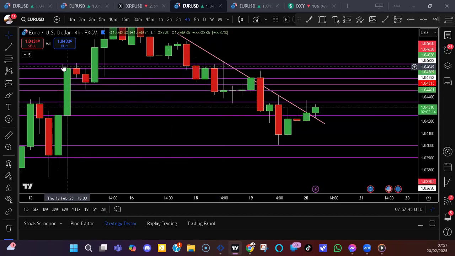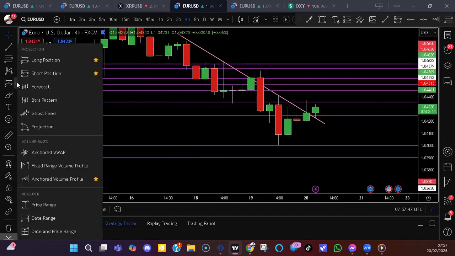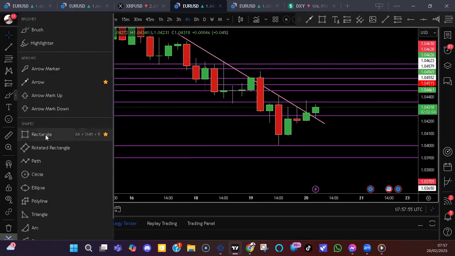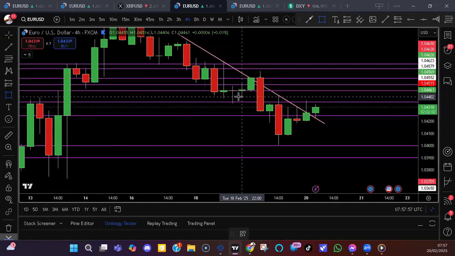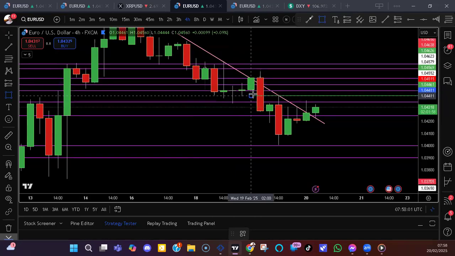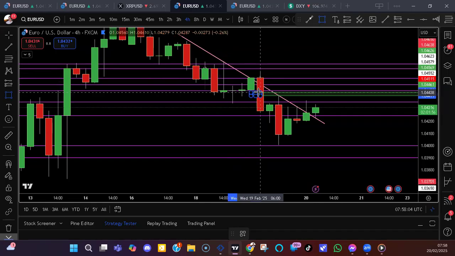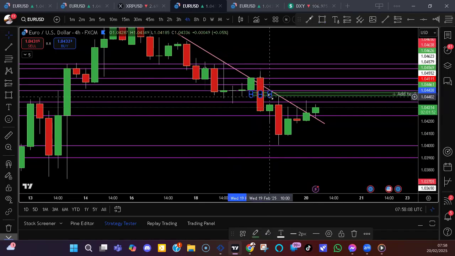We've got a little bit of imbalance. So I'll get the right tool to help. On this candle here, that's the wrong shade.